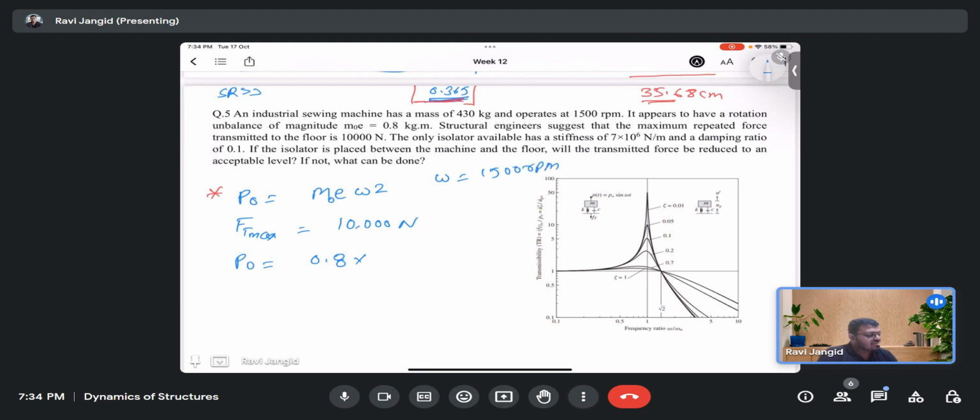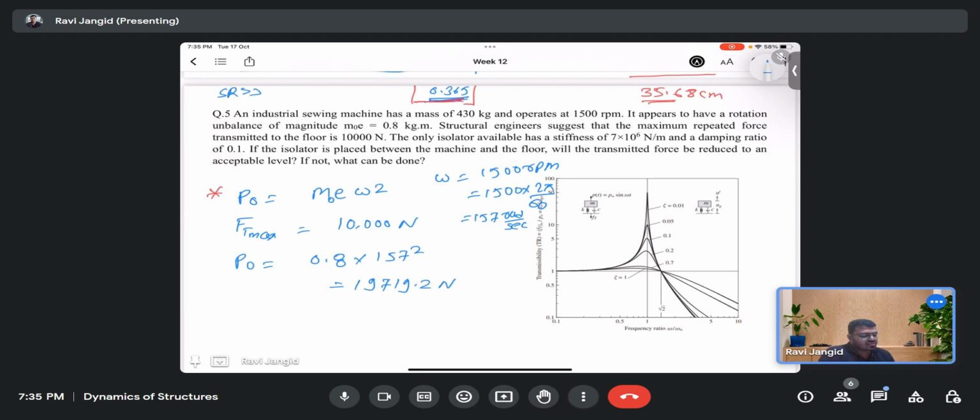So can I convert it into radian per second? 2 pi by 60. That comes out to be 157 radian per second. If I multiply this with 157 radian per second, I will get 19719.2 newton.